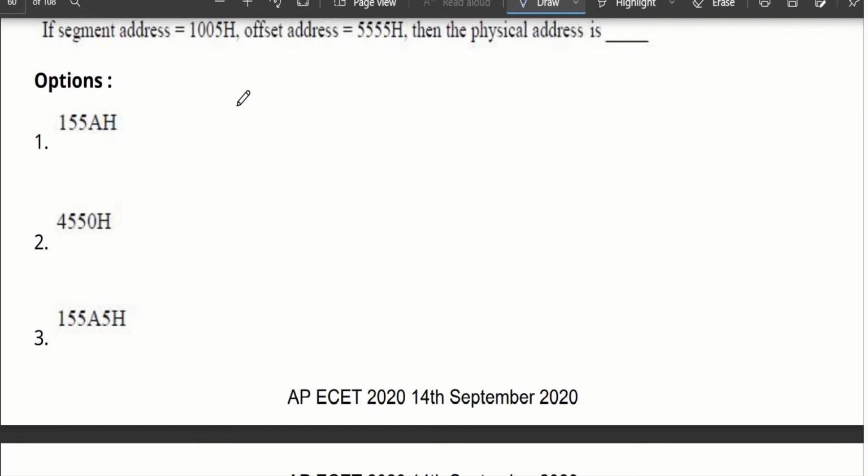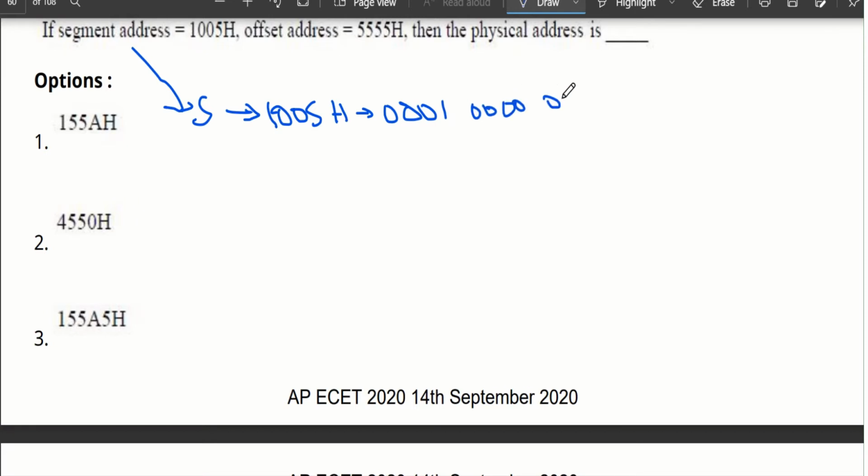We write the segment address 1005H and convert it into binary. 1 is represented as 0001, the zeros are represented as 0000, another 0000. We have to represent everything in 4 bits, and 5 is 0101. Let's leave the H.